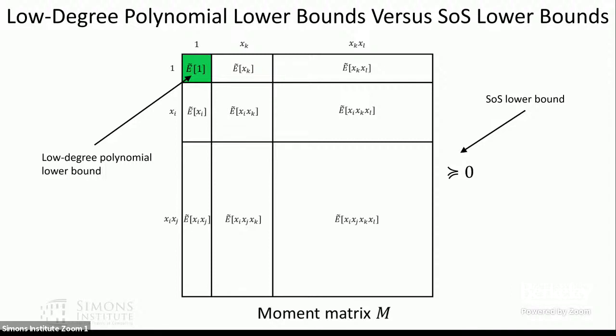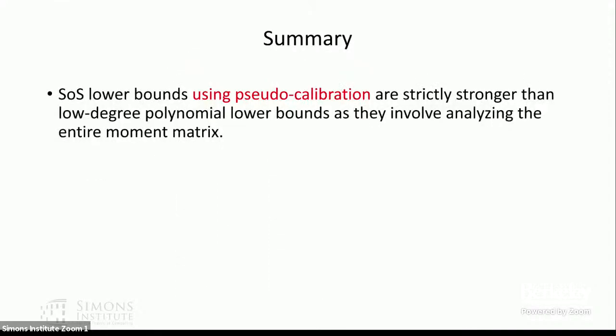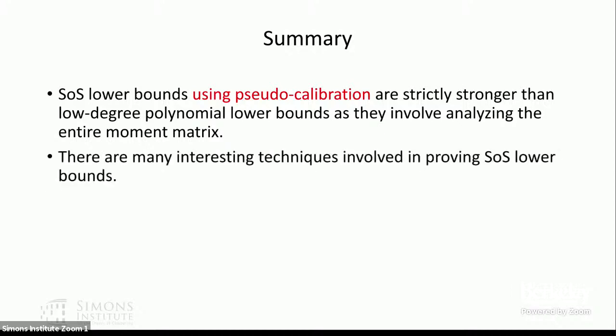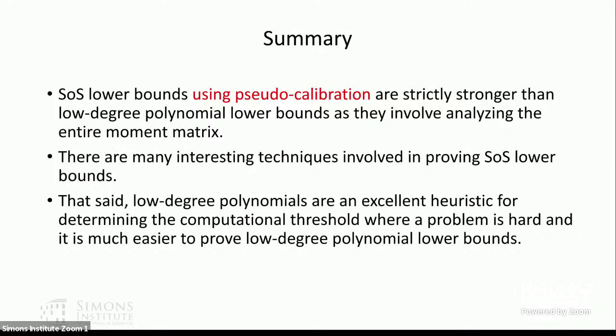So sum of squares lower bounds using pseudo-calibration are strictly stronger than low degree polynomial lower bounds, as they involve analyzing the entire moment matrix. There are many interesting techniques involved in proving sum of squares lower bounds, which I could talk about for a long time, but now is not that time. That said, low degree polynomials are an excellent heuristic for determining the computational threshold where a problem is hard, and they're much easier to prove than sum of squares lower bounds.